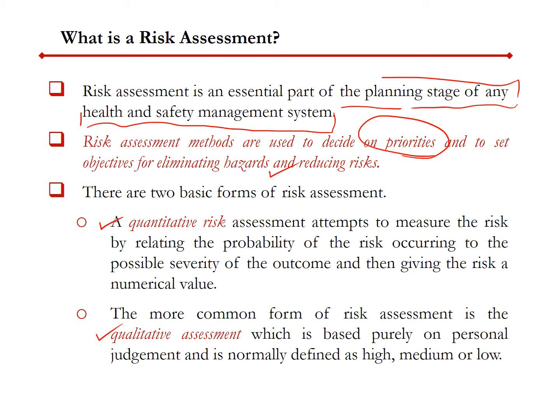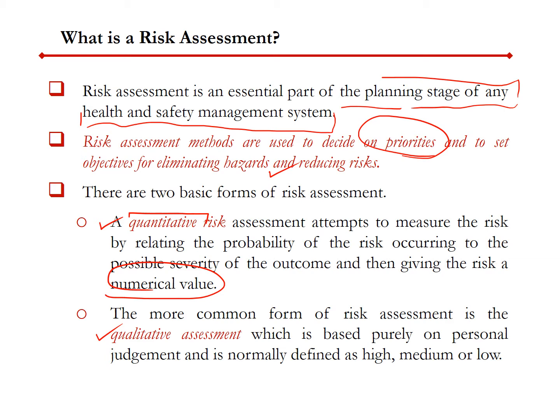A quantitative assessment attempts to measure the risk by relating the probability of the risk occurring to the possible severity of the outcome, and then giving the risk a numerical value. Basically, from the word quantitative, quantifying the risk, it means that you have numbers. You try to quantify the risk in terms of its likelihood and its severity.